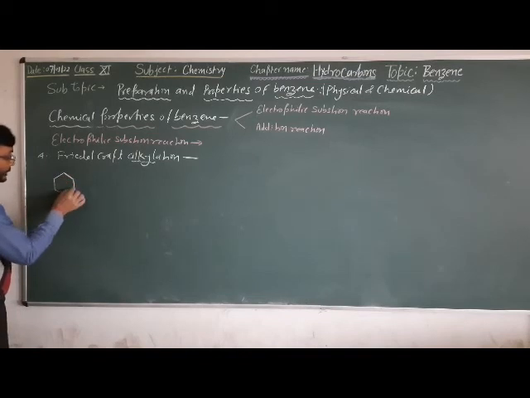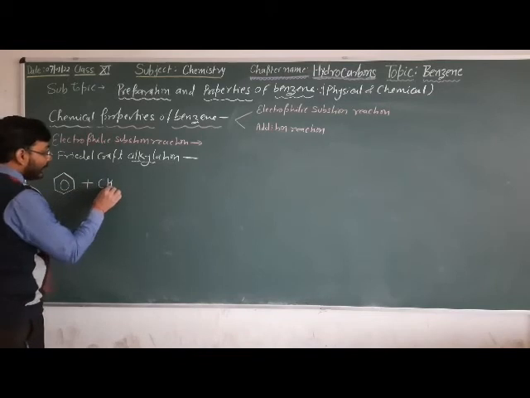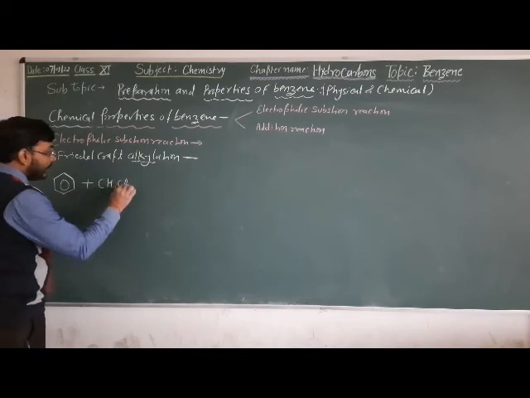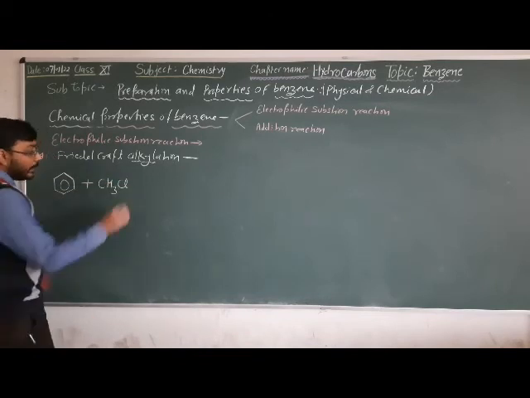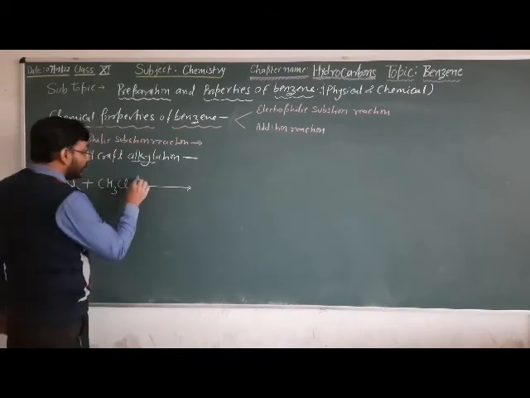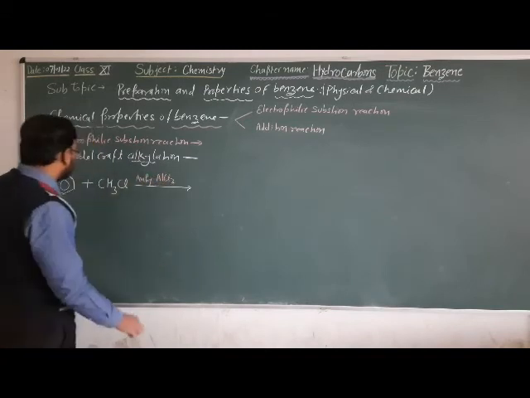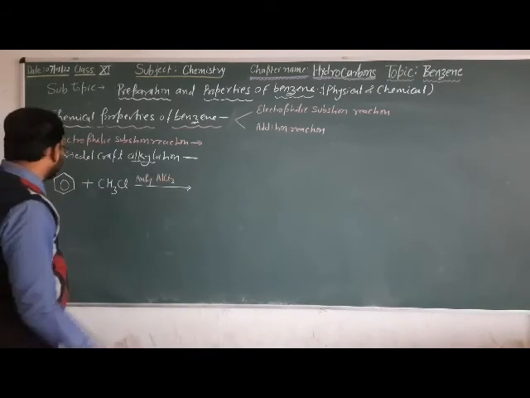This is benzene. Then the alkyl group you will get from the alkyl halide. This is the alkyl chloride I have taken here. This reaction also takes place in presence of anhydrous AlCl3, which is the Lewis acid.